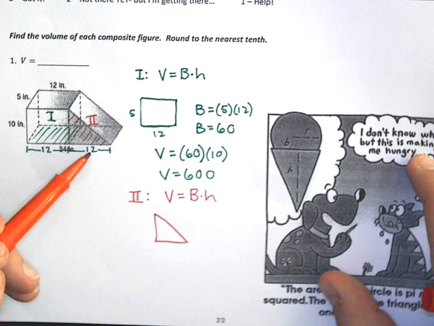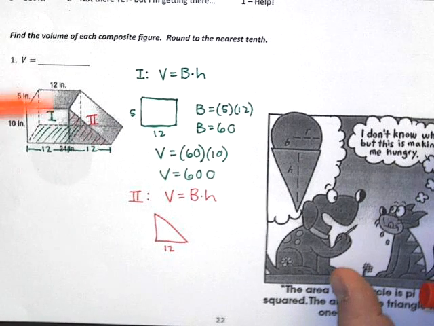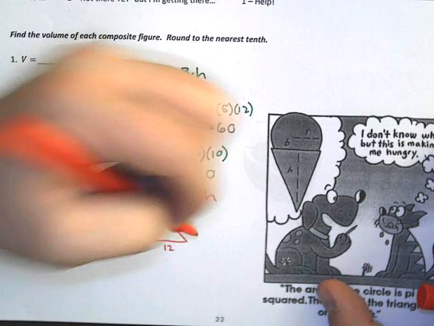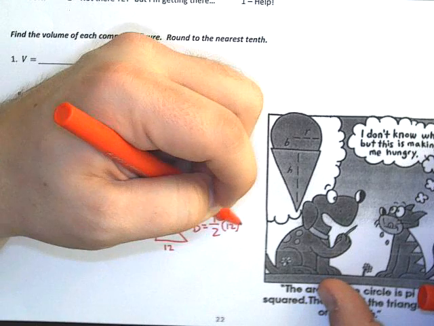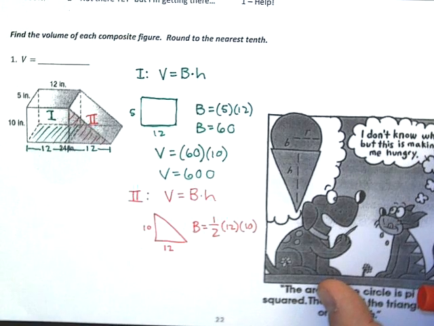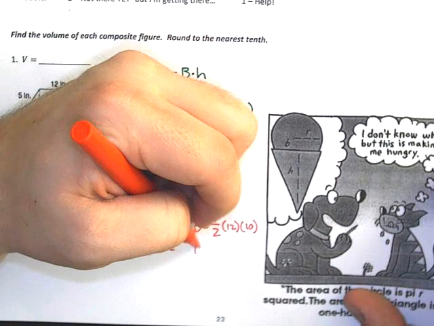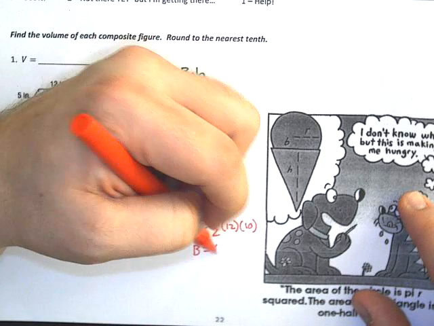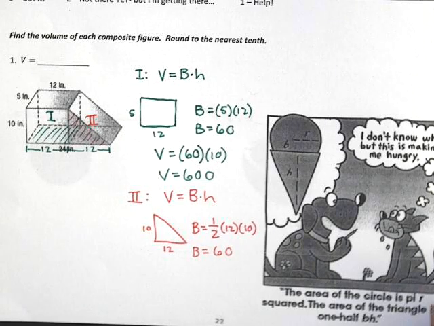I know that I have a base of 12, and I have a height of 10. So I would say 1/2 times 12 times 10. When we calculate this, 1/2 of 12 is 6. 6 times 10. So again, the area of the base is 60.